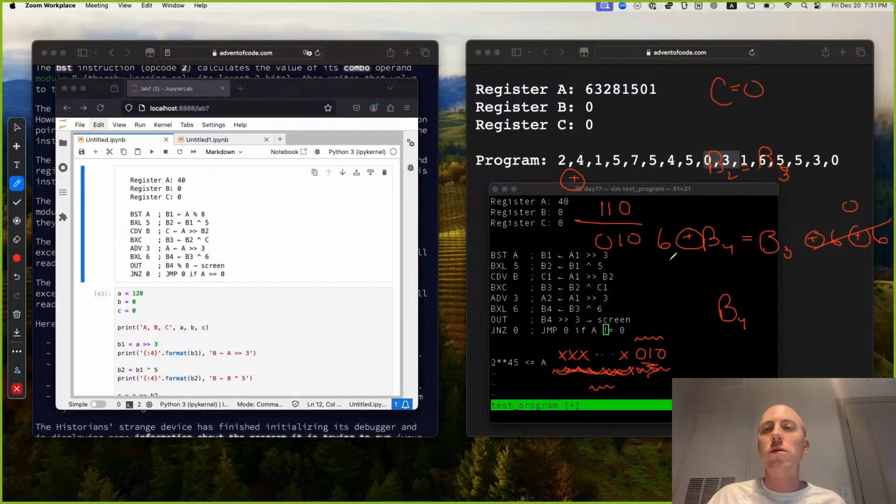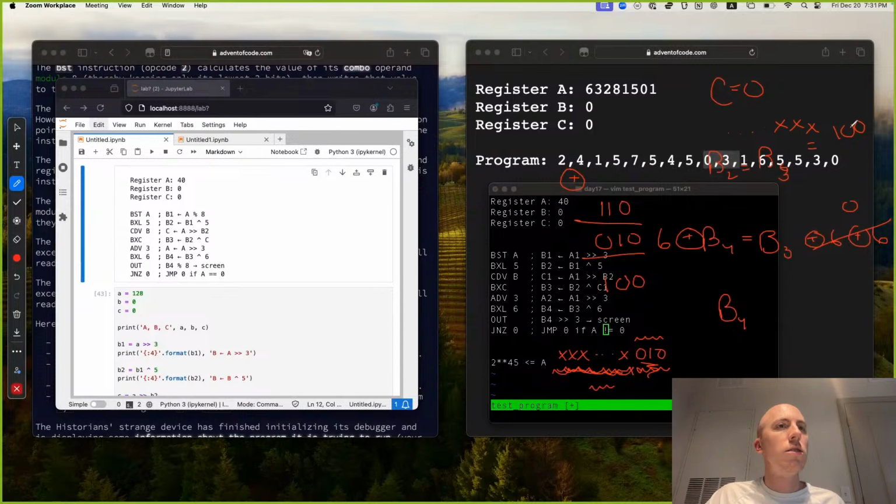And so this is B4 basically. And so we want to XOR it with 6, which gives us what? 100.